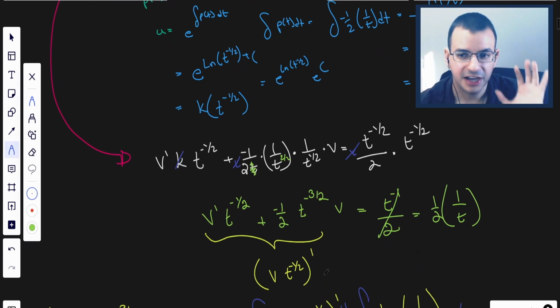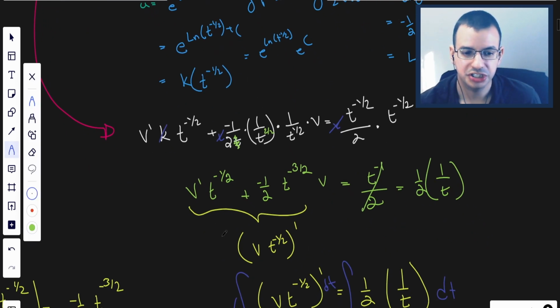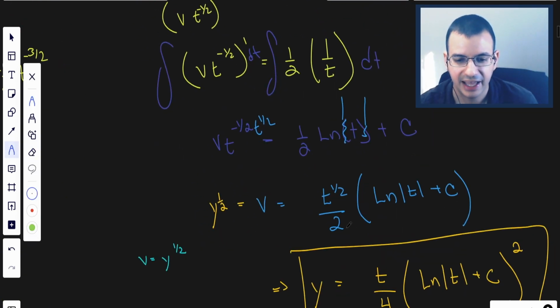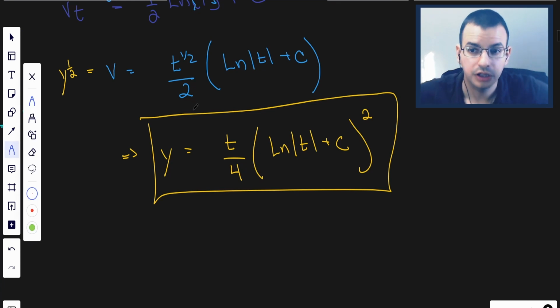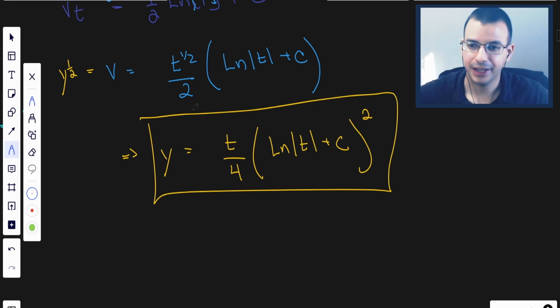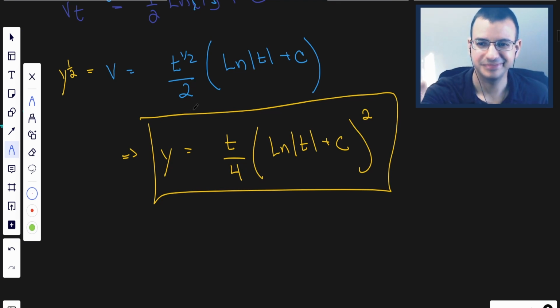After putting in an integrating factor, we see that the first part is just the product rule. So we combined that, integrated and solved. A bit tedious, a bit long, but not that big a deal after you've seen it a couple times. So hope that helped. See you next time.